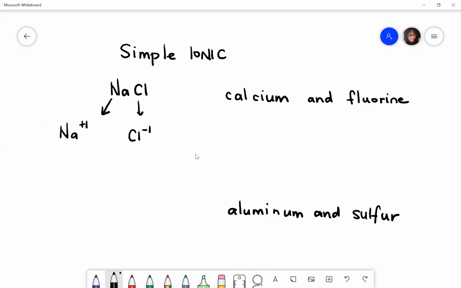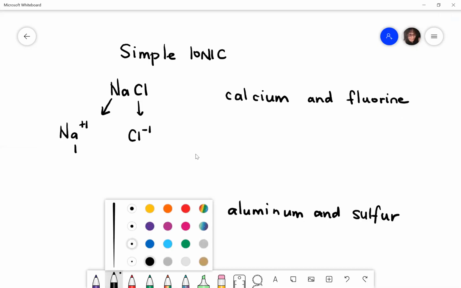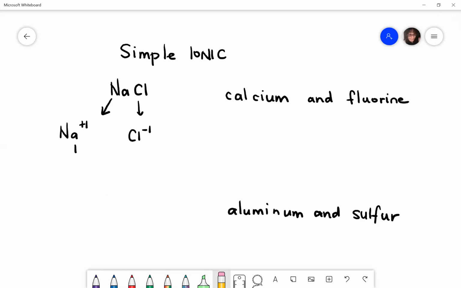Let me just change my color for a moment to make this a little bit easier for you to see. So sodium is the metal, the chlorine is our nonmetal, and when we put these names together, where am I getting this information from?